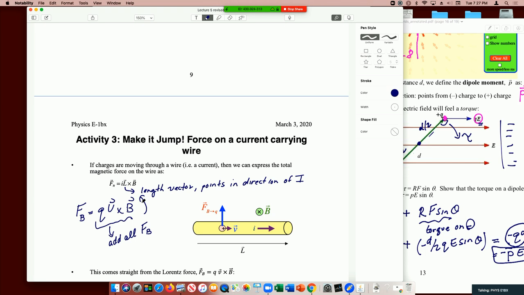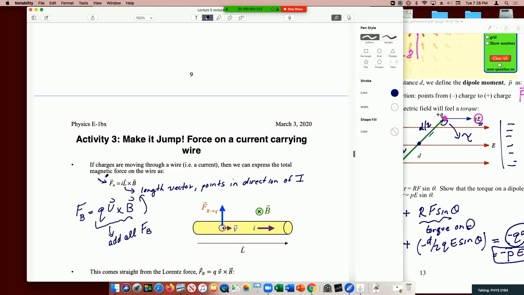It's like looking at it from the point of view of single individual charges, but now I've got a lot of them moving through a wire, and I want to figure out the magnetic force acting on that wire. I could just add up all of the individual Lorentz forces, and a way of calculating that would be the current times the length vector cross B. So it's like applying it to a larger scale.